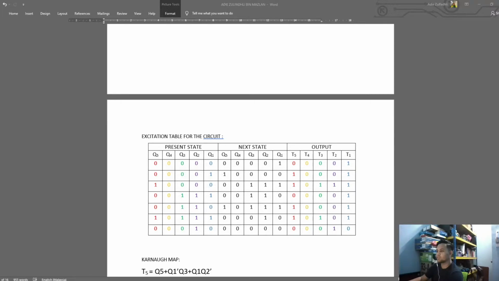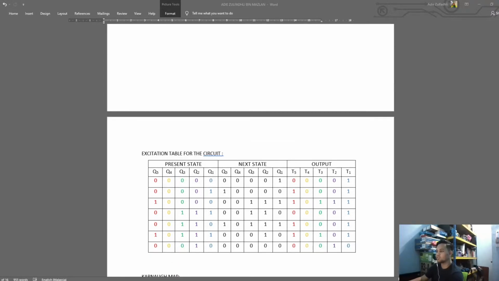So 0 0 0 0 0, and next it goes to 1, which is 0 0 0 0 1. The rest are the same. I put the present state here, and this is the next state, until it repeats to 0.